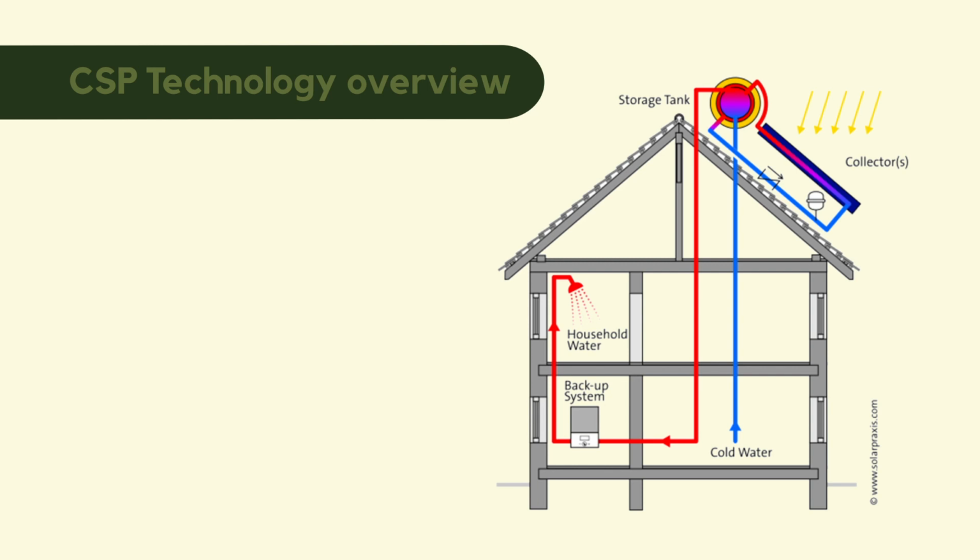Here we can see a typical solar installation with a thermal siphon placed on the roof, cold water from the grid, and then hot water from the tank into the household, eventually having also a backup system if needed.